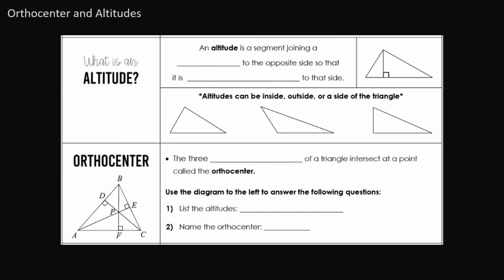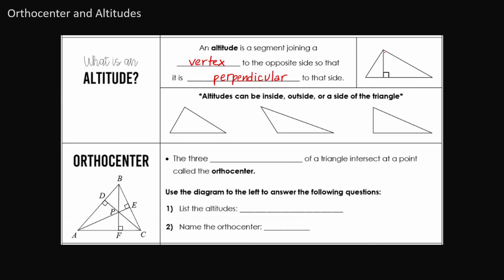Let's take a quick look at the altitudes of triangles and how it forms the orthocenter. So if you were not aware, an altitude is a segment joining a vertex to the opposite side of a triangle so that it is perpendicular to that side. We often see altitudes when we are finding the height of a triangle.